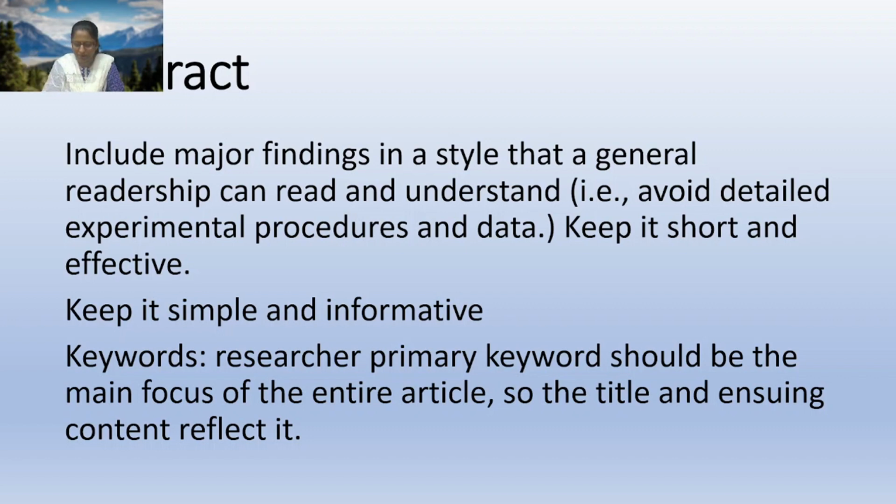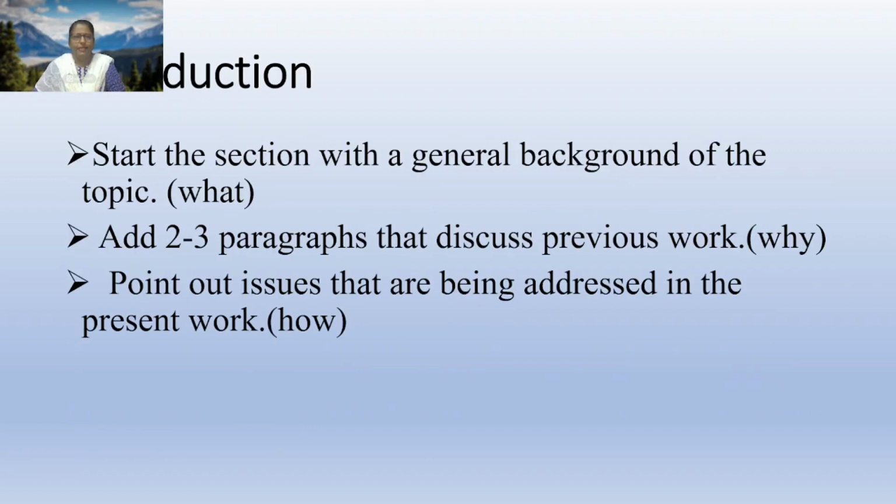Then the introduction. The research paper should start with the introduction, which is the first section. The researcher should start the section with the general background of the topic. Whatever topic is selected, the background behind it should be explained in detail.